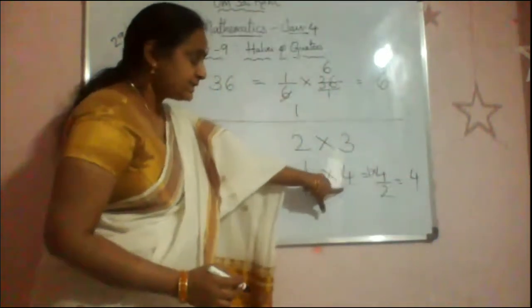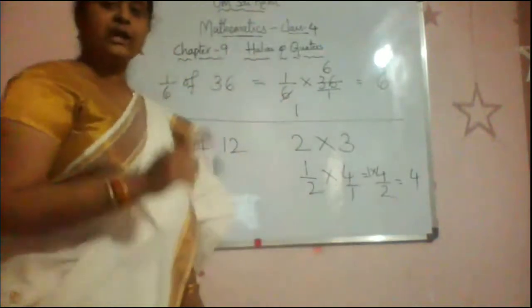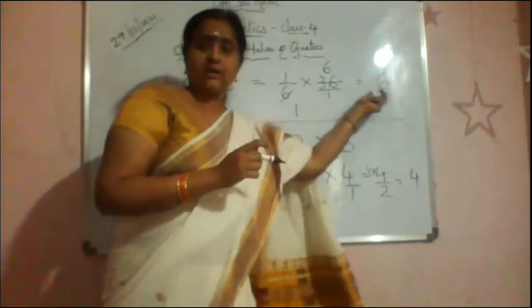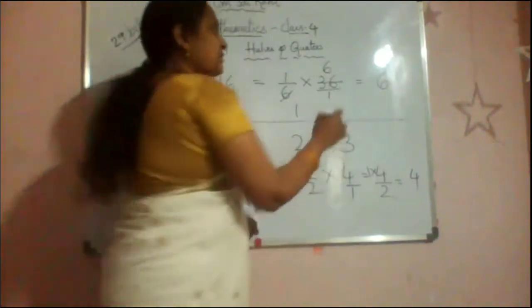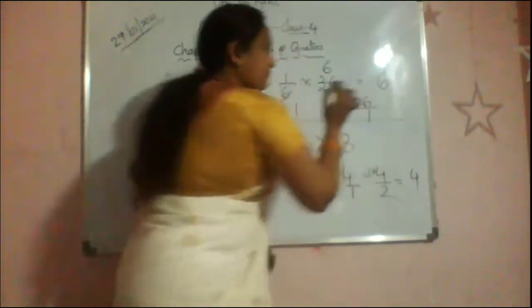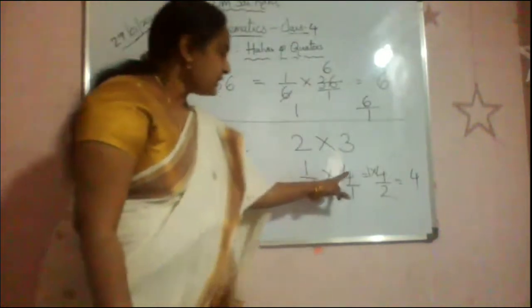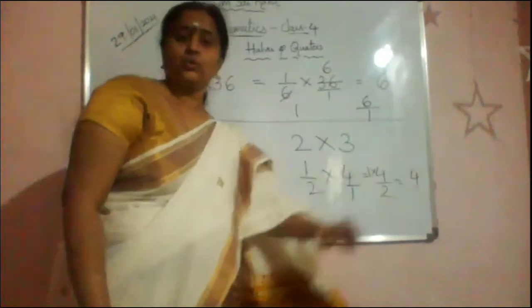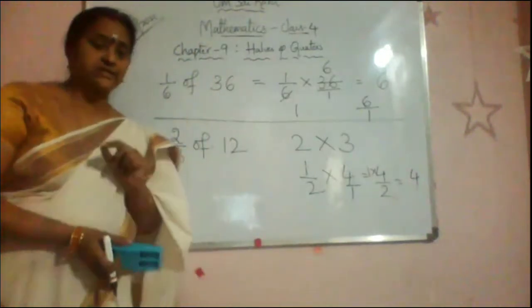Here nothing is there, it means 1 is there, so 4/1. If you want to write a whole number in the form of a fraction, this can be written as 6/1. Here 4/1, 2 ones are 2. You have to be a little careful when we are multiplying fractions.